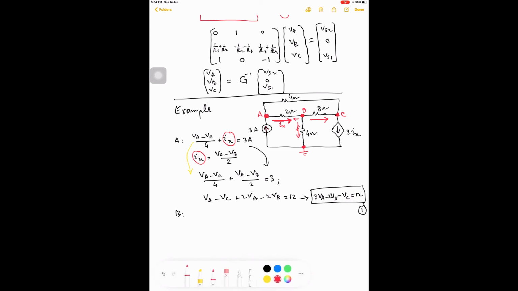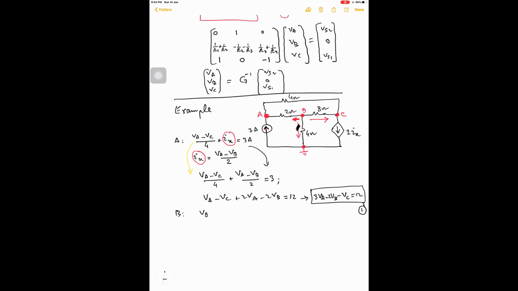Now, if I delete unnecessary things and stick to my original assumption, we assume that all the currents are leaving the node for which we are writing equations. So I will write equations. What is this current? This is the current flowing from node B to the ground node.